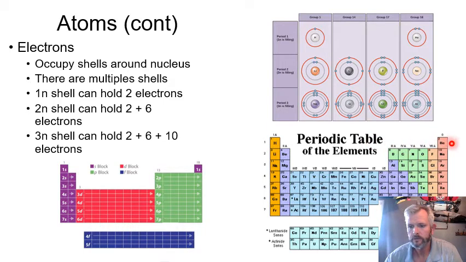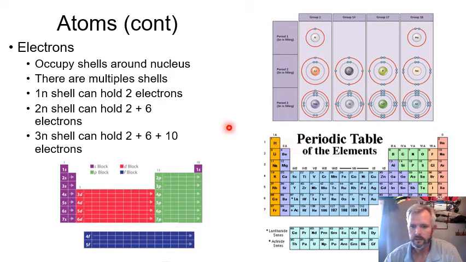Looking at the periodic table, you can see each horizontal row here is called a period. The first period only contains 2 atoms. The second contains 8, the third also 8.